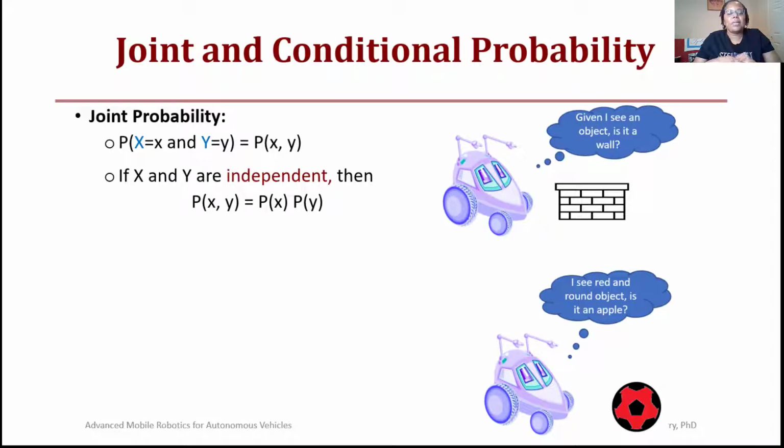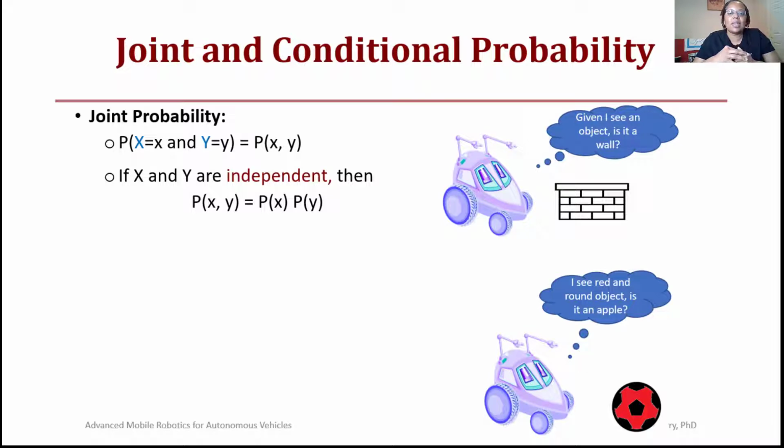Joint probability states that the probability that X is equal to lowercase x and Y is equal to lowercase y can be written as the probability of X comma Y. If X and Y are independent, which means that one does not depend on the other, for example, an example of a dependent variable could be if my sensor sees an object, it could be a wall.